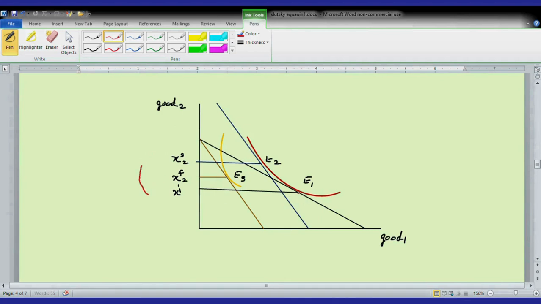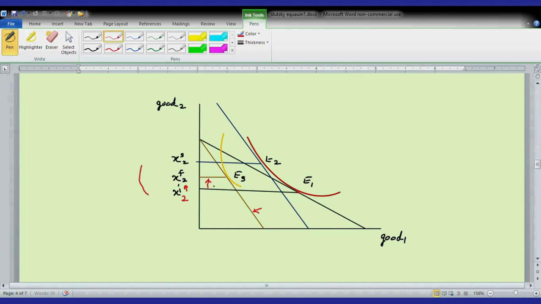So see, again we have this initial equilibrium point E1, and at this point the household was consuming X2I units of good 2, and when the price of good 1 increases, this brown line becomes your budget constraint. See that along this budget constraint, equilibrium is occurring at point E3, where the household now is consuming X2F units of good 2. So what happens is that the consumption of good 2 has increased from X2I to X2F.